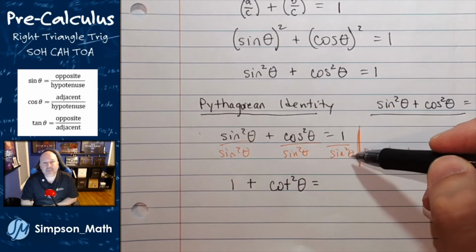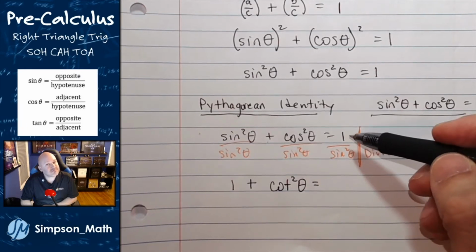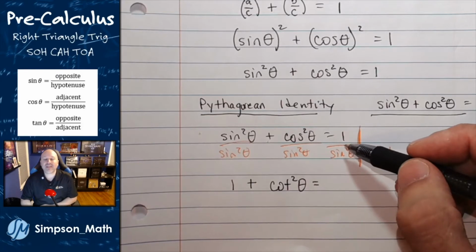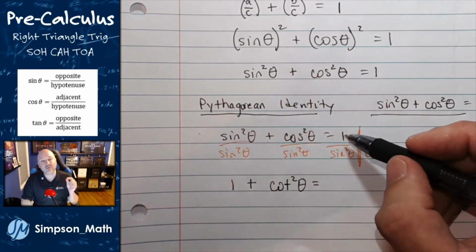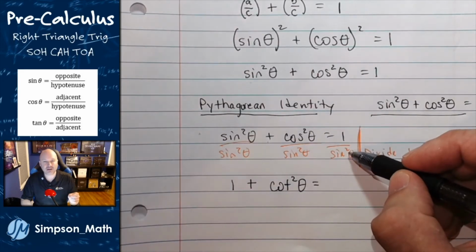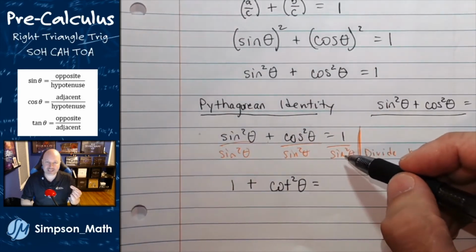And what's 1 over sine? It's in your notes. Or another way to, when someone says what is 1 over something, that's another way of asking, what is the reciprocal of sine? Well, you know that. The reciprocal of sine is cosecant.